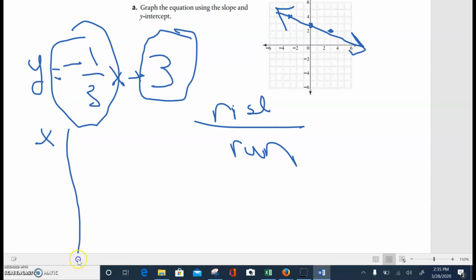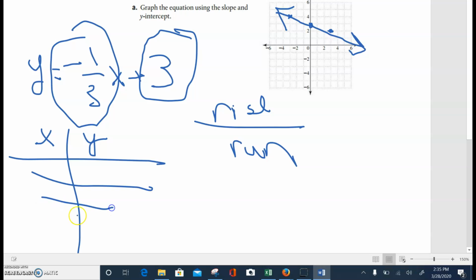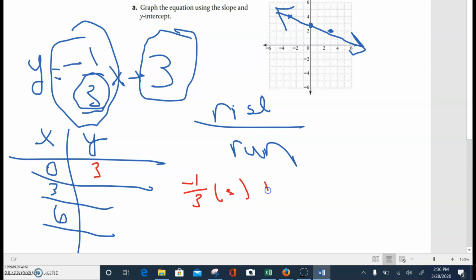The other thing I can do to either graph or check my answer is to make an input-output chart. Since I have a fraction with a denominator of 3, I'm going to purposely pick multiples of 3 to make sure I don't get ugly fractional answers. So sub in 0, I get 3. Sub in 3, you get negative 1/3 times 3 plus 3. That goes in once, so negative 1 plus 3 is 2.